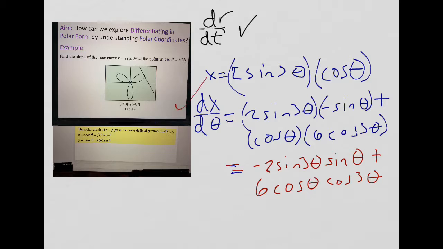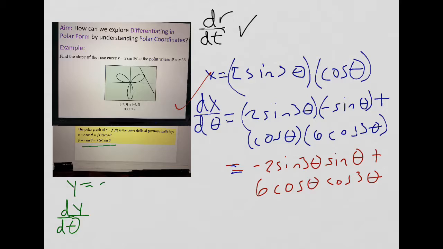Now, you could also be asked to find the rate of change of y with respect to theta. Then you need dy over d theta. So I'm going to come over here and write y is equal to r sine of theta, coming back to these equations again.